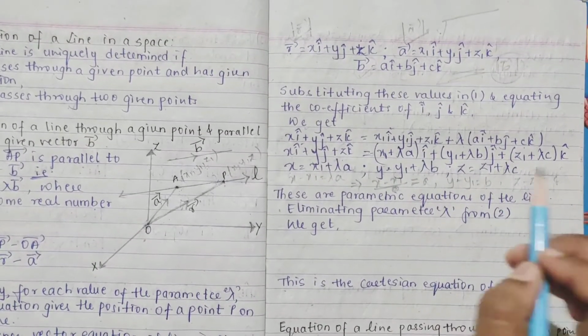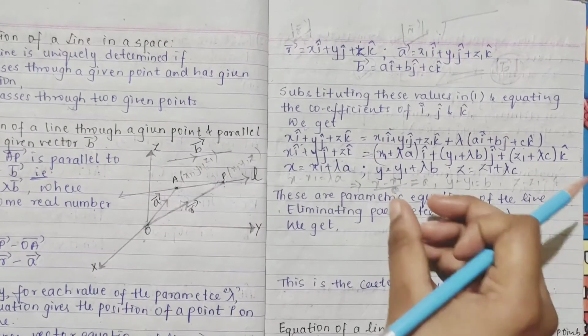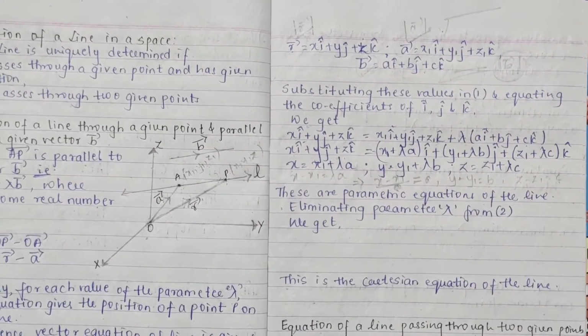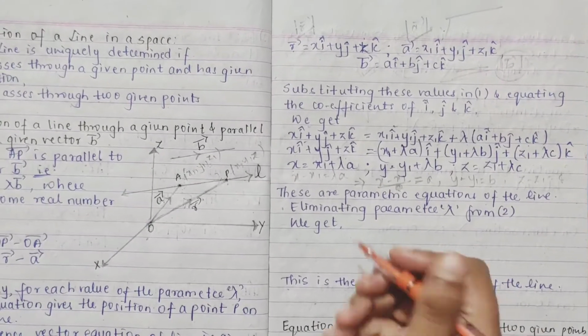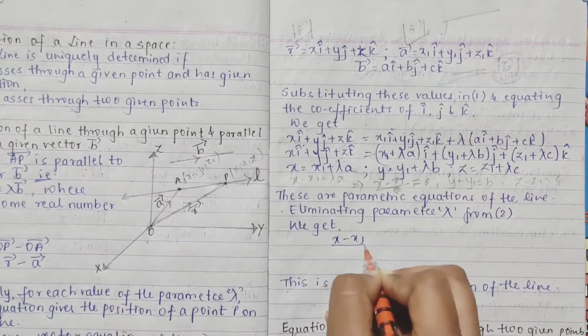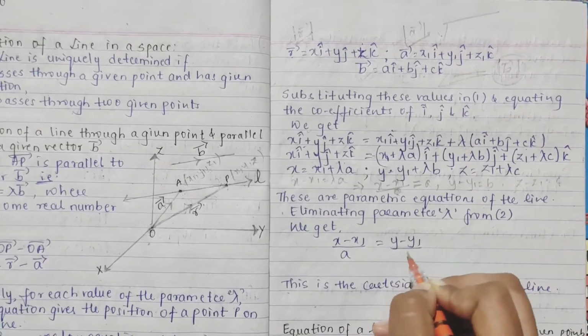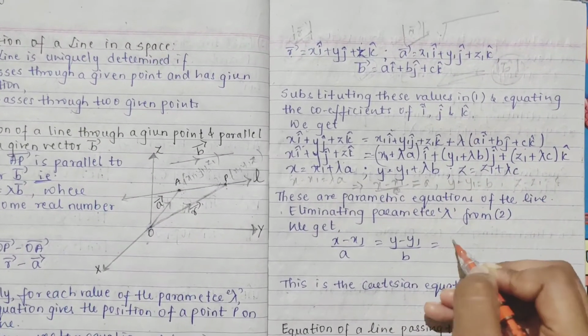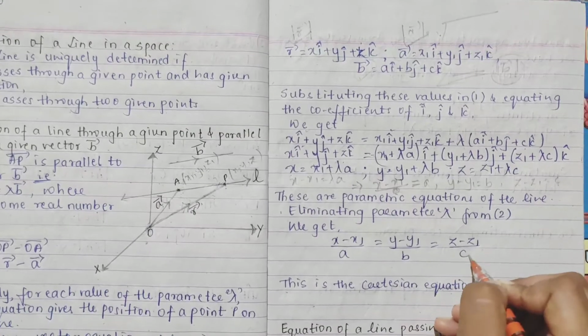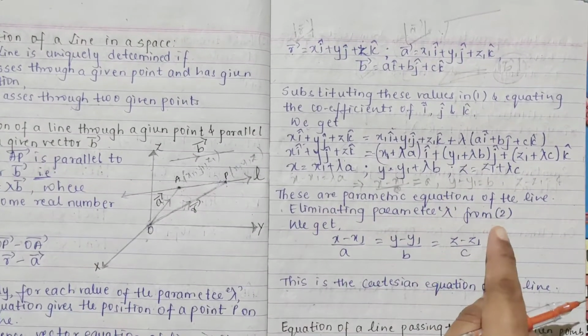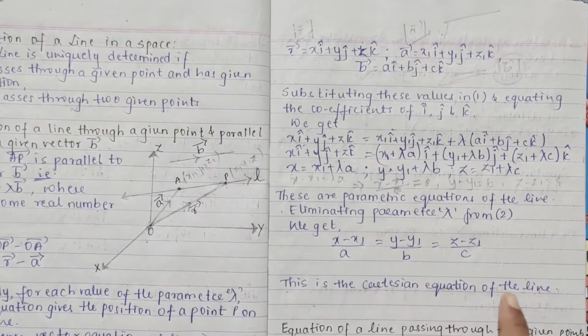From each we are eliminating lambda. So at the end we get x minus x1 divided by a, equal to y minus y1 divided by b, equal to z minus z1 divided by c. This is your Cartesian equation of the line.